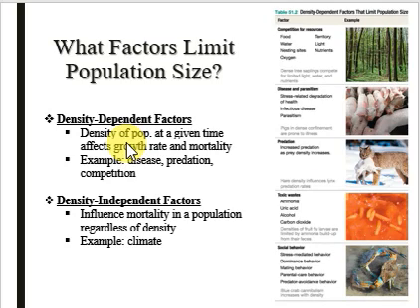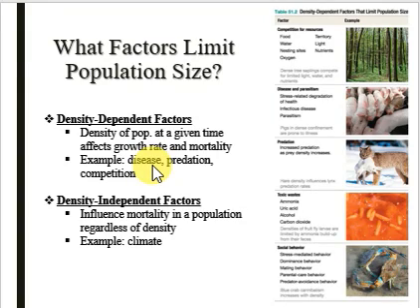So think about disease, for example. In general, you see the spread of disease increase in pathogenicity rate, or the rate at which it will infect other individuals, as you increase the density of the population, right?